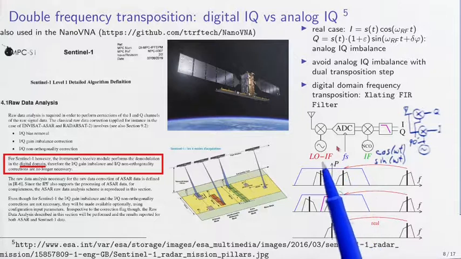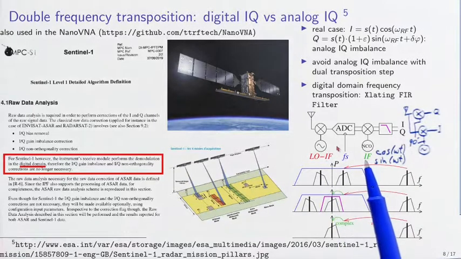and what we can do then is, after sampling this signal, which was shifted by an intermediate frequency on purpose, we can now perform a second mixing step using a numerically controlled oscillator at intermediate frequency.